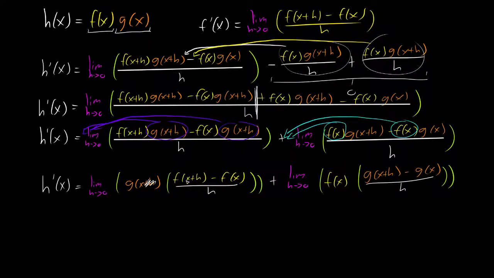Because it's f of x plus h minus f of x all over h, this just becomes f prime of x. Here, there's no h term, so we don't need to worry about this f of x. But over here, it looks fancy again, but it's just the definition of a derivative, except instead of f of x, it's g of x. So this becomes g prime of x.